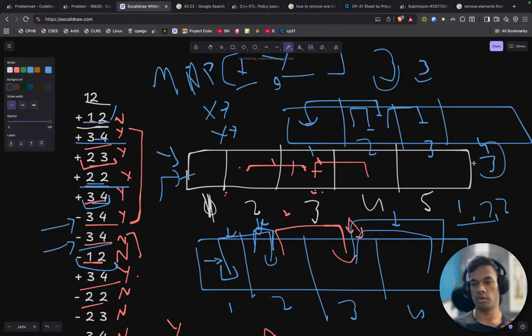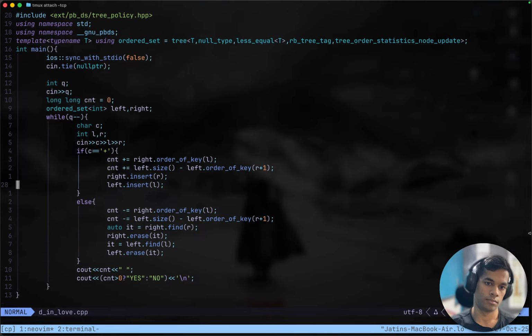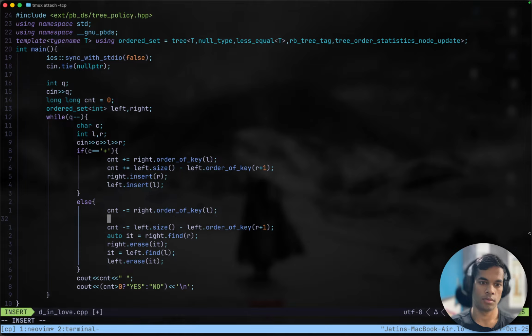So this would turn out to be 3 because we are checking how many elements 3 is greater than, well, 3 is greater than all of them, so this would turn out to be 3, and size is 3, so this should turn out to be 0, and then we erase the elements. Okay, which is kind of wrong.